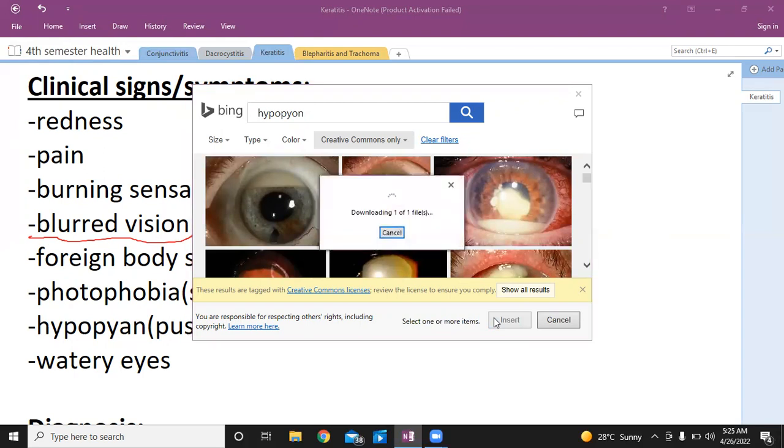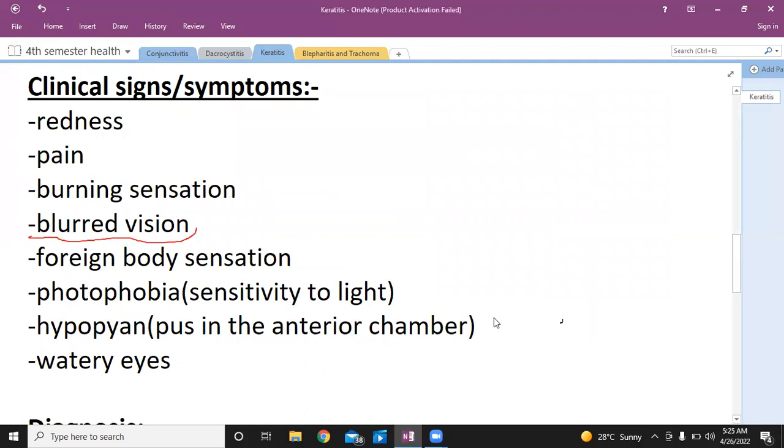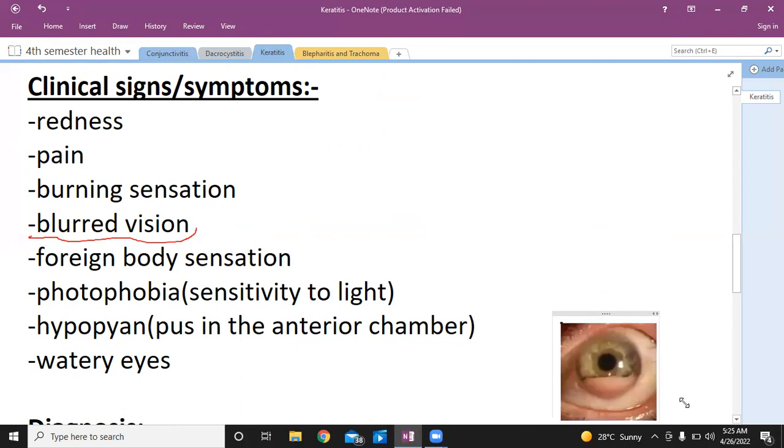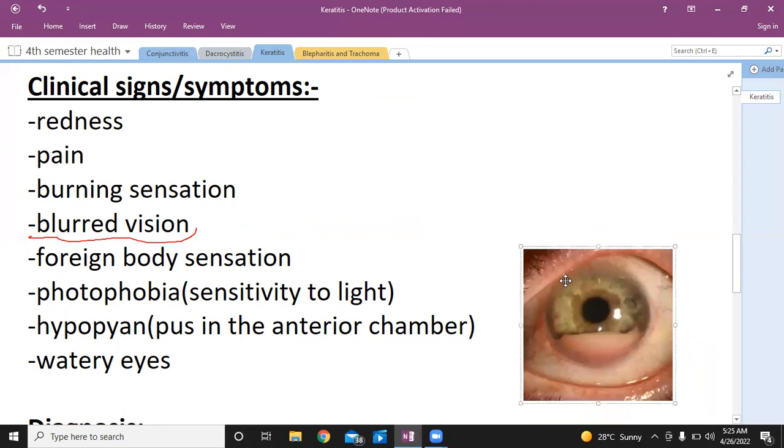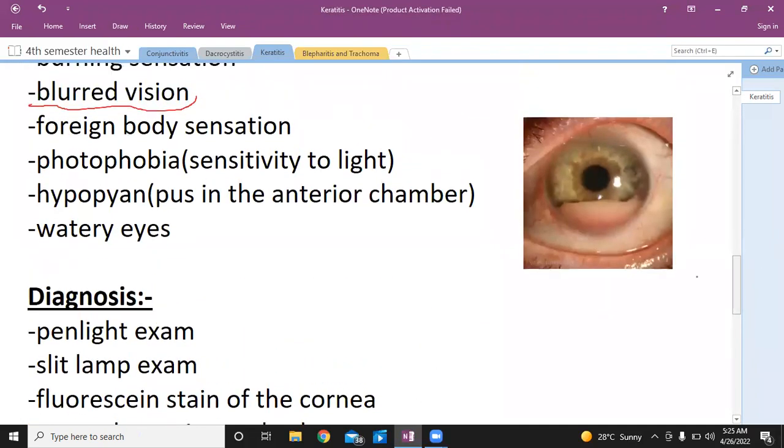You can see that there is pus accumulation, there is an abscess present right here, and let me make it bigger for you. This is hypopion. You can see that there is this inflammatory fluid, this pus, and it is settling down in the anterior chamber. This is hypopion. This is pus.